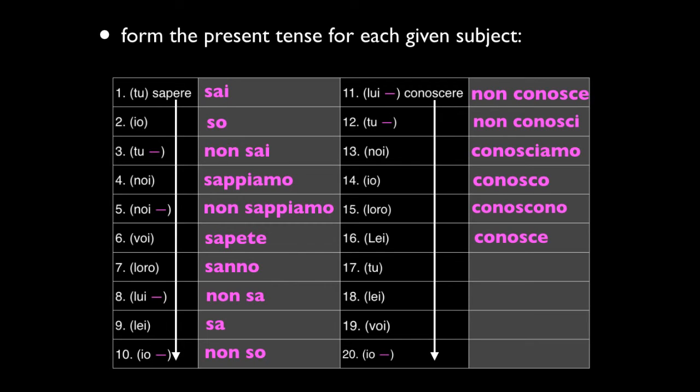You want to show respect, you say lei conosce. 17, tu conosci. 18, lei conosce. 19, voi conoscete. And 20 is io non conosco.